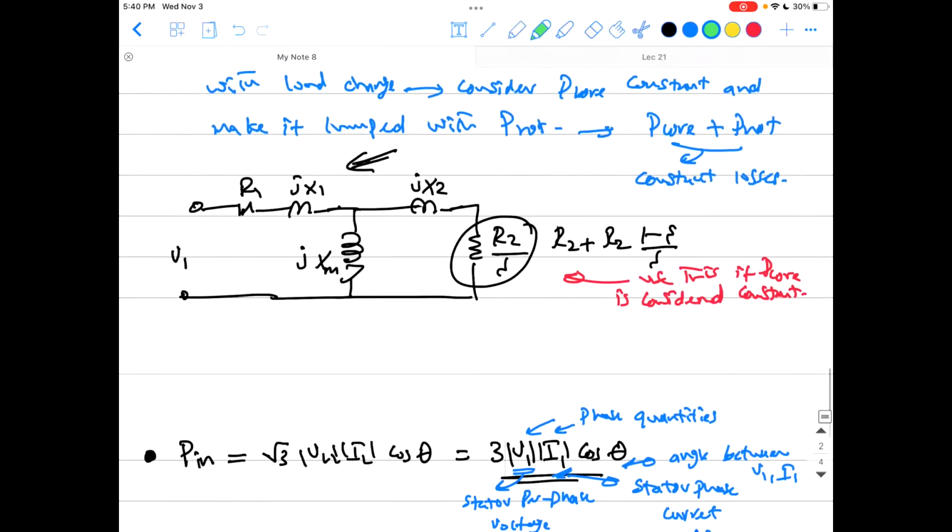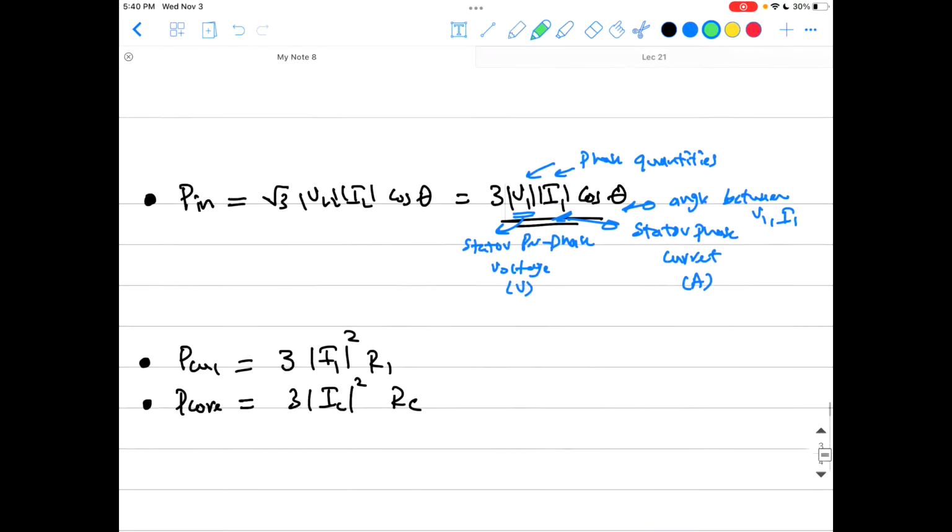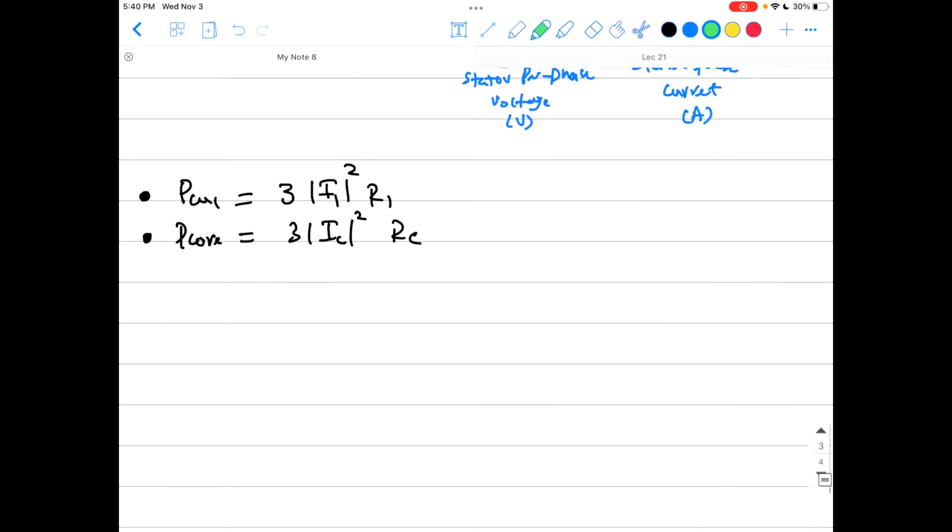Sometimes we call the other equivalent circuit the approximate equivalent circuit, because there we're just approximating that the core losses are constant and we get rid of the RC. That's why we call it an approximate equivalent circuit.